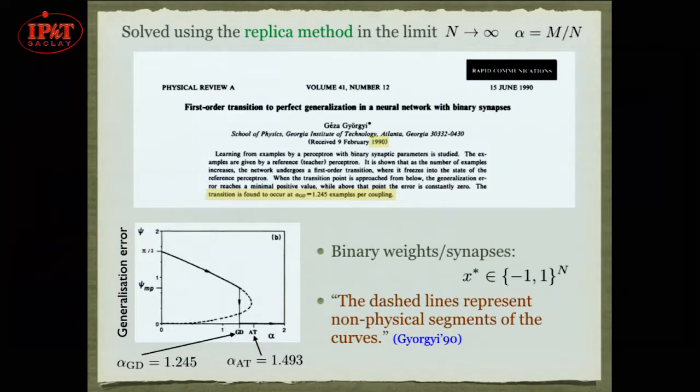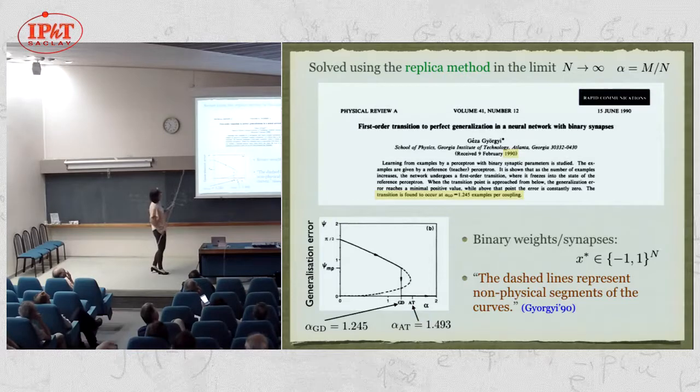There is a paper just 1 year after Gardner and Derrida by Geza Györgyi, who studies this generalization in the model as I defined it, with this X star being just a binary vector, so Ising spins if you want. And interestingly, he plots the generalization error computed from the replica method in the limit where the dimensionality of the data and the number of samples are at a fixed ratio alpha.